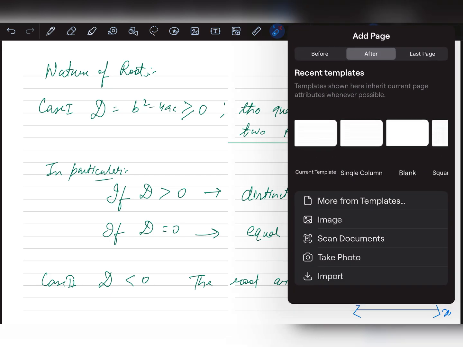Let's try to solve a question and see the value of D, and also figure out the value of x. Let's say we have the equation 3x squared plus 2x minus 8 equals 0.